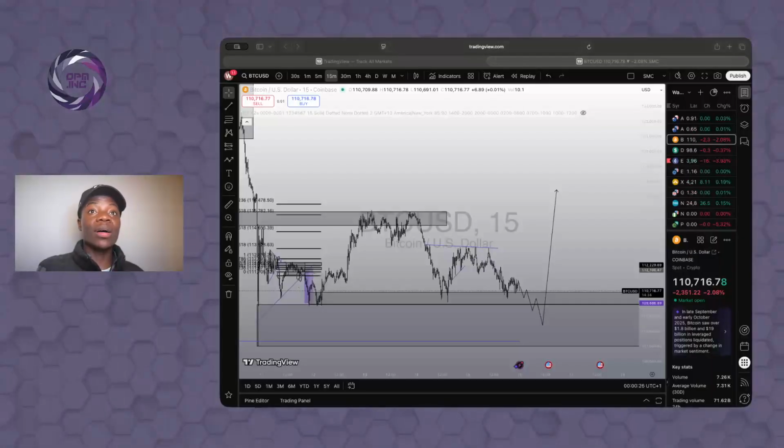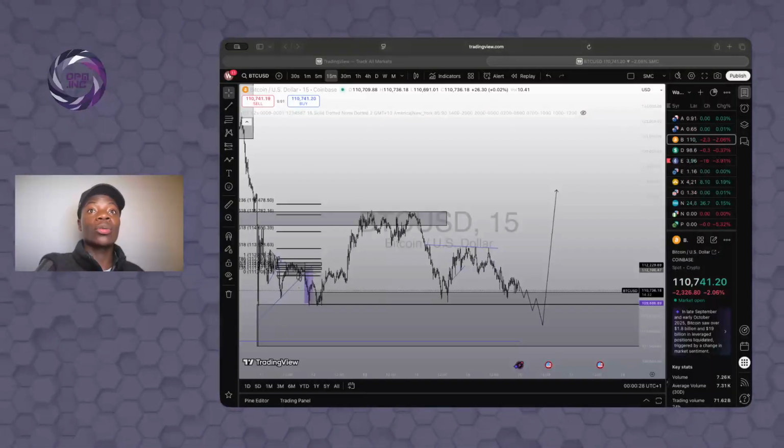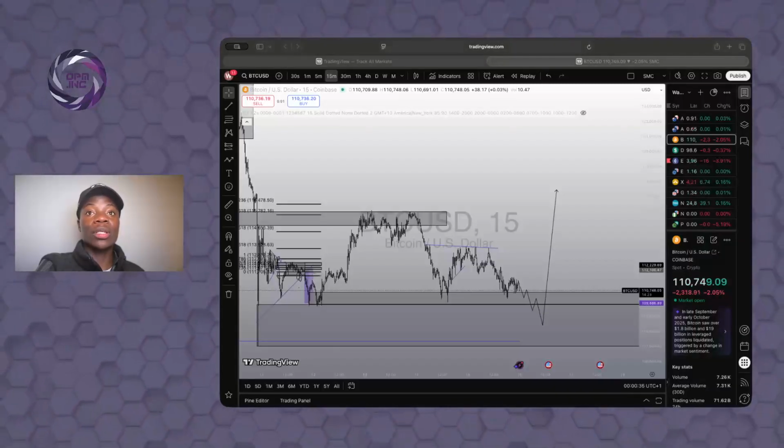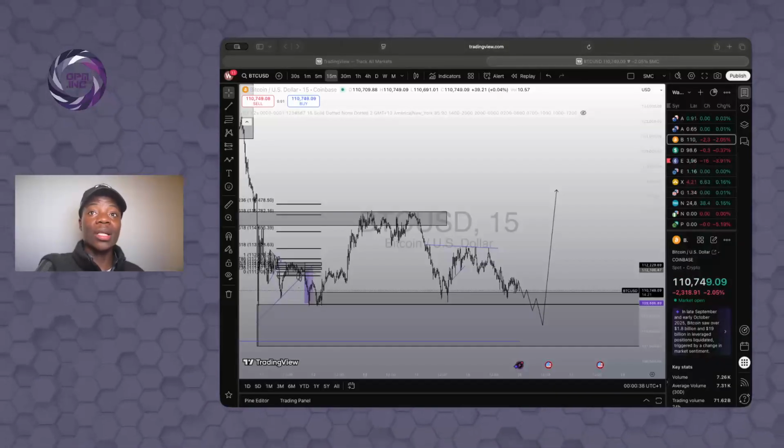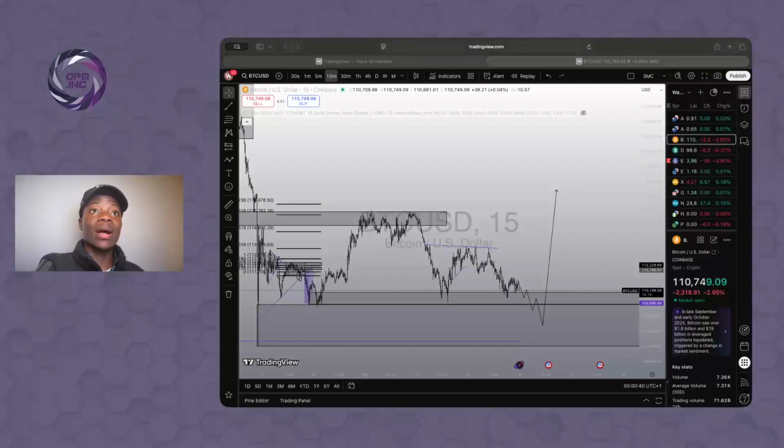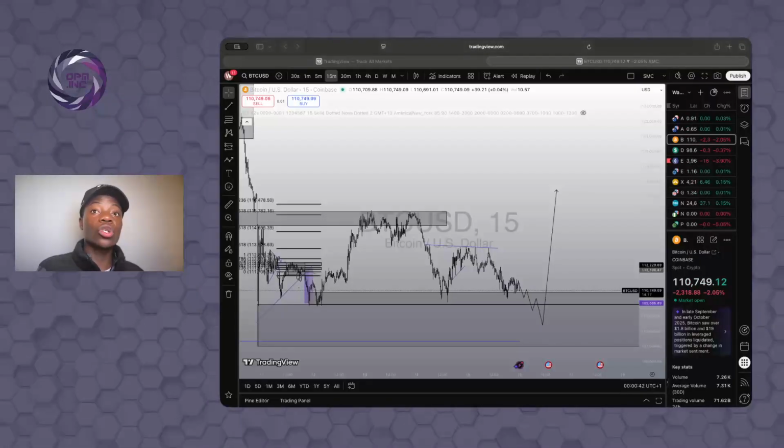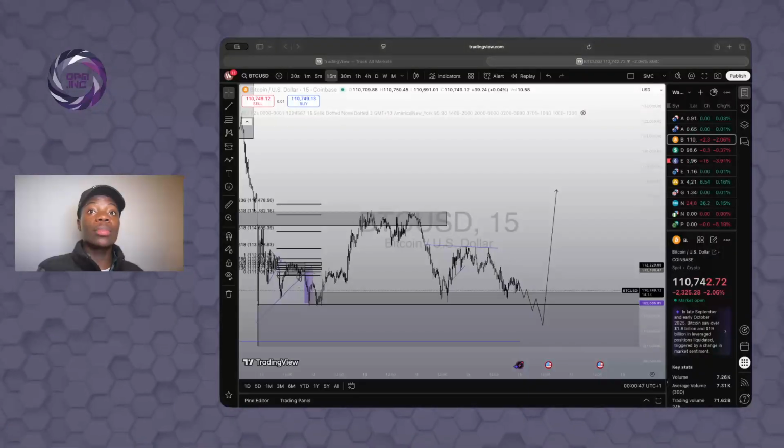In moving to the upside, it created some more internal liquidity for price to go ahead and take. So we're more likely to see that bearish run to the downside. Once we see that, then price should continue up and take out all this liquidity. So we should look for price to drop first before it then continues up to the upside.